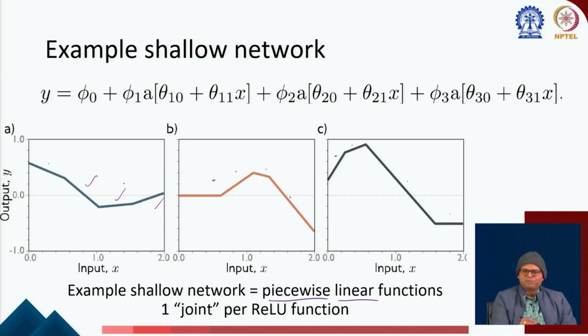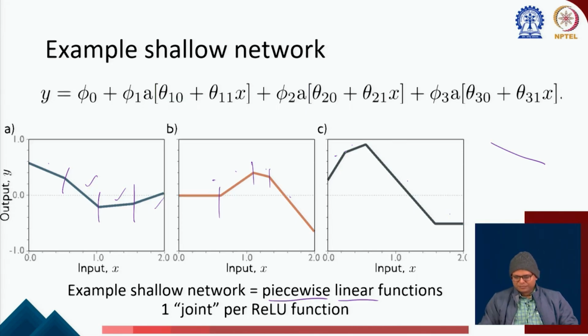They are not completely linear, but piecewise linear, and you have one joint per ReLU function, right. So, there are 3 ReLUs. So, there is a single line and you have 3 joints in between, right. So, 1, 2, 3, and the joints are at the same place everywhere. So yeah, three joints.